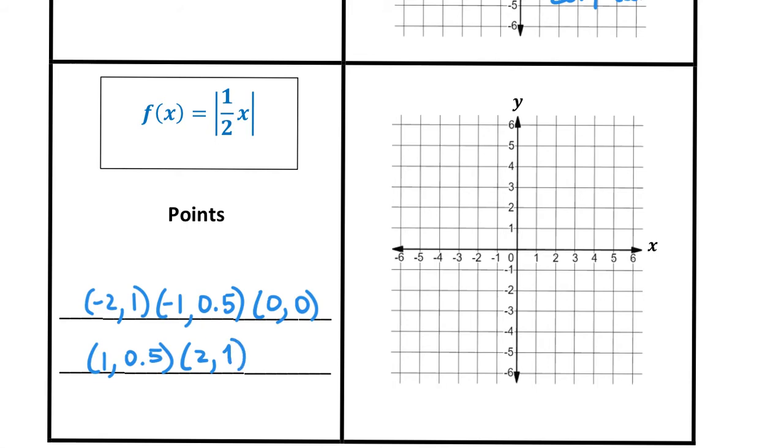So if I plot these points, it's -2, 1, which is right there on the grid. The -1 and 0.5 up, 0, 0, 1, 0.5, 2, 1. So you see something like this.